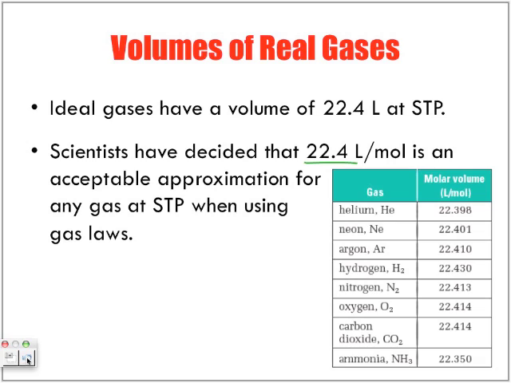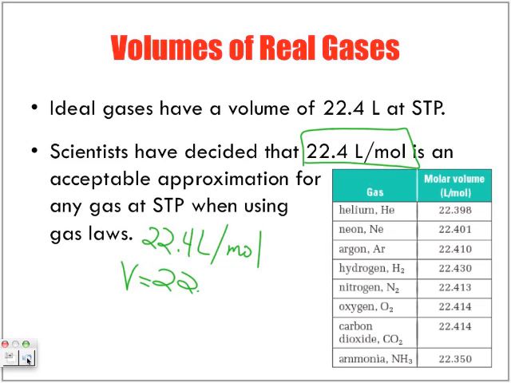Yeah, so 22.4 liters per mole, which is equal to, right? So 22.4 liters per mole can be broken down as a volume of 22.4 liters and a number of moles of 1.00 moles. And the reason I put 1.00 moles instead of 1 mole is because I've got 3 significant digits here, and I want to keep it consistent.